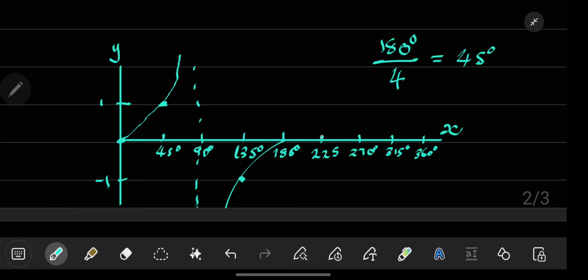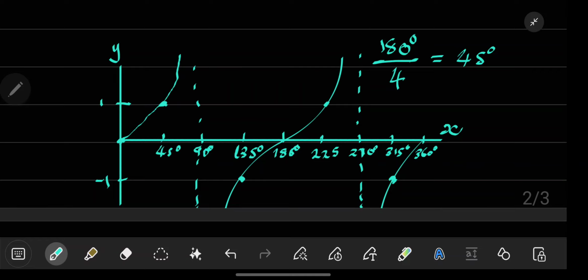Then again at 225 and 1 we have a point, and then at 270 we have another asymptote. Asymptote, that's when you press it, the calculator gives you error, or undefined. And then at 360, you have this, and then here it goes like that.